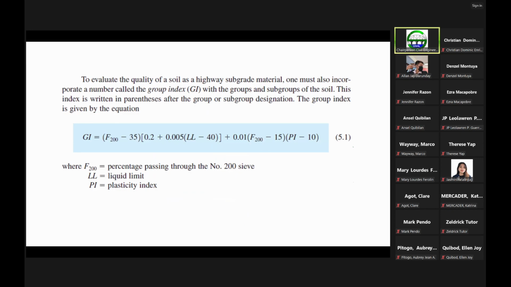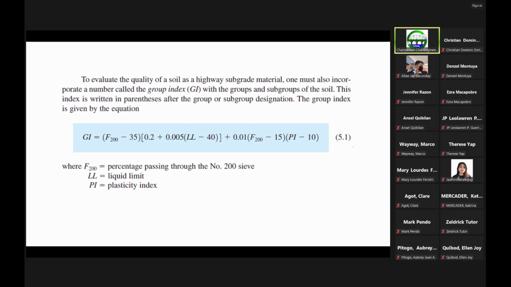Now, to evaluate further the quality of a soil as a highway subgrade material, one must also incorporate a number called the group index, or the GI, with the groups and the subgroups of the soil. This index is written in parentheses after the group or the subgroup designation.